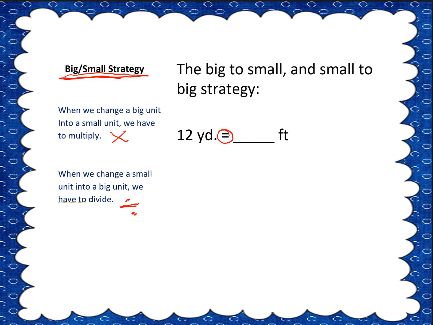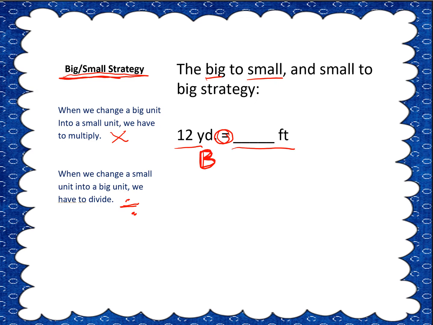This equal sign means that both sides need to be balanced. Just like the numbers have to be balanced, the big small also has to be balanced. And the way I do this is I first look at the units. Which unit is bigger, yards or feet? And the answer to that is yards.